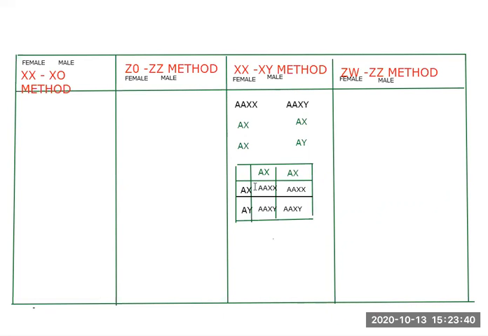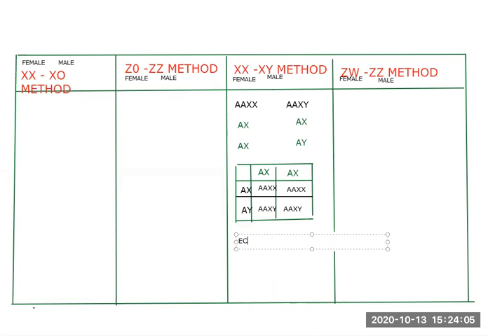An AX type of sperm with an AX type of ovum makes AAXX, female. An AY type of sperm with an AX type of ovum makes AAXY, male. So sex is determined during fertilization.